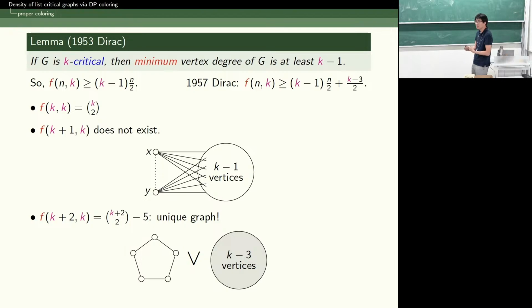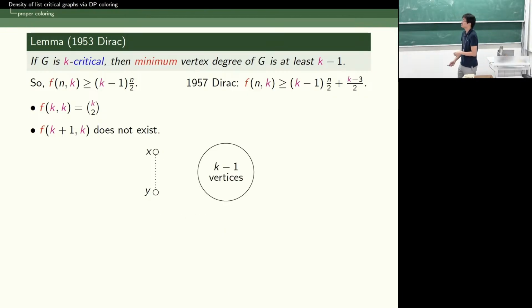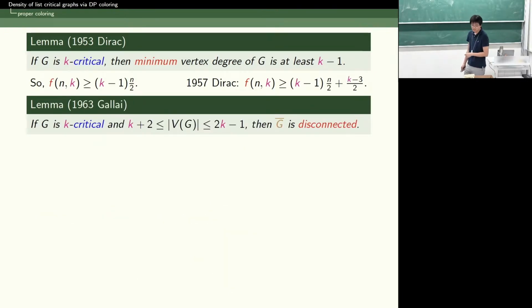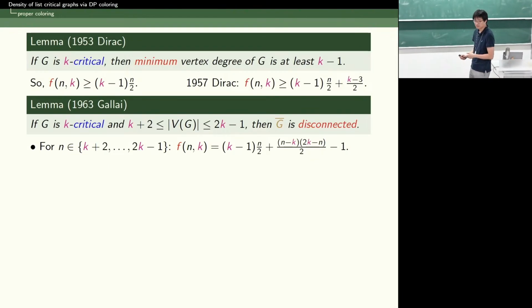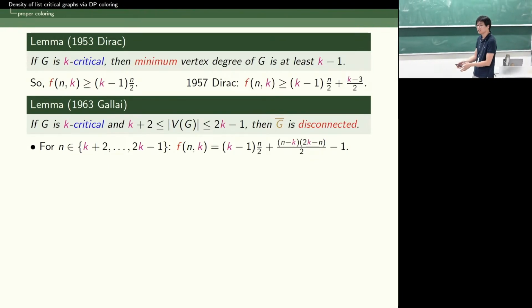It's because the complement is disconnected, it's just saying in the primal graph, in the original graph, it's a join between two blobs. And using this, Gallai was actually able to compute the exact value of this f of n comma k. Right? Because you know the structure, you can count the number of edges.